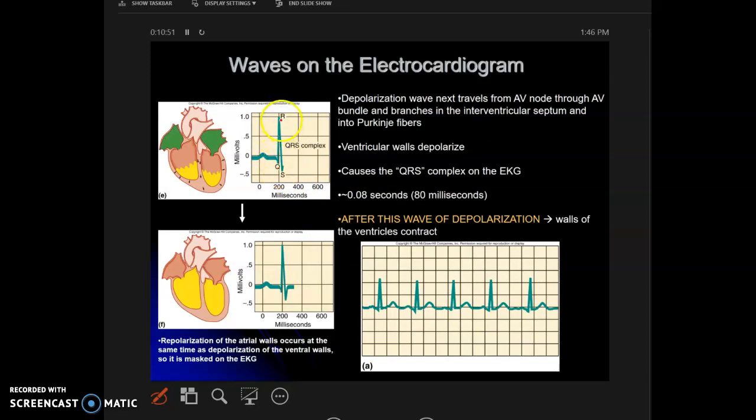Now is the QRS wave. This QRS wave is the depolarizing of the ventricles. Notice how big it is. And only after this wave will the ventricles contract. Please keep this in mind. A good question to ask: why is the QRS wave bigger than the P wave? What was the P wave?